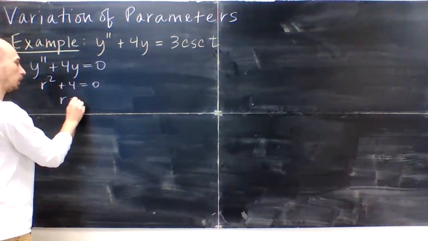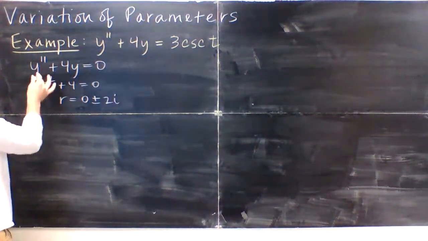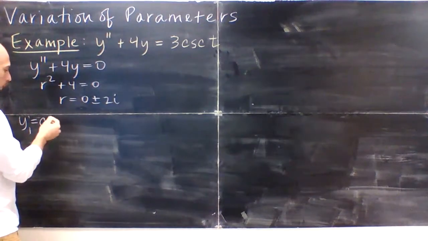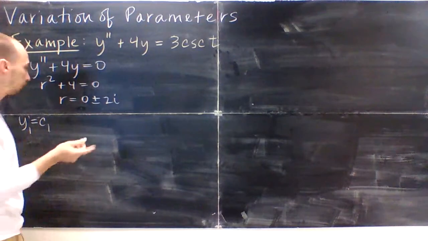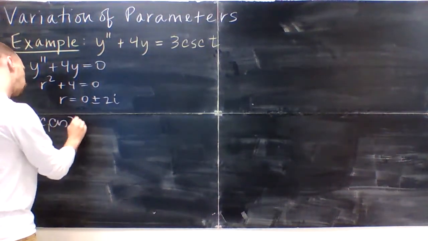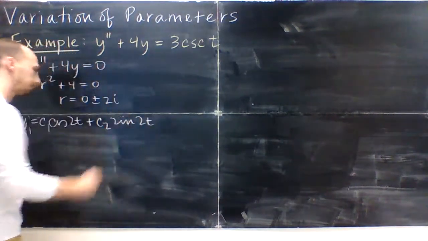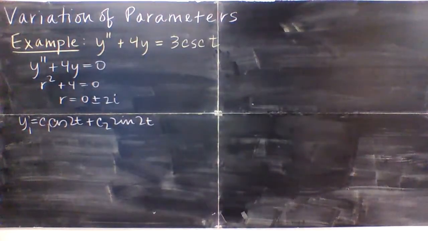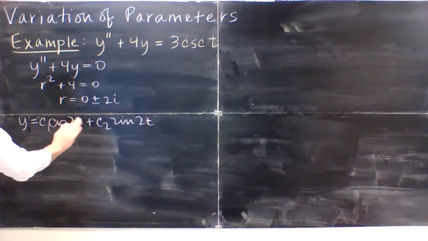That gives me r equals 0 plus or minus 2i, which means that my homogeneous solution is y homogeneous equals c1 cosine of 2t plus c2 times the sine of 2t, right?